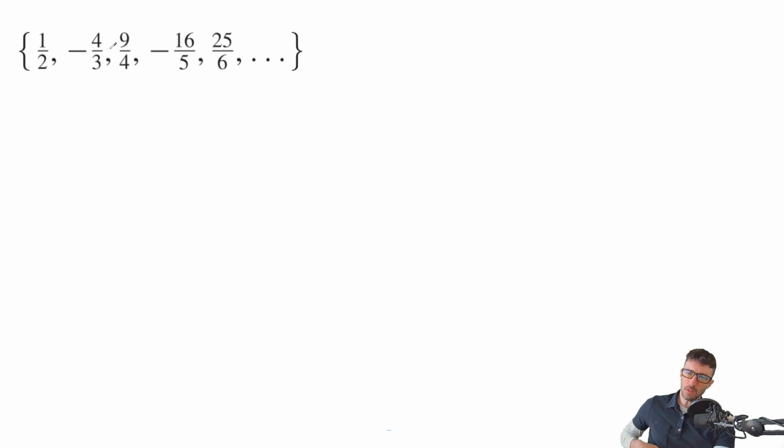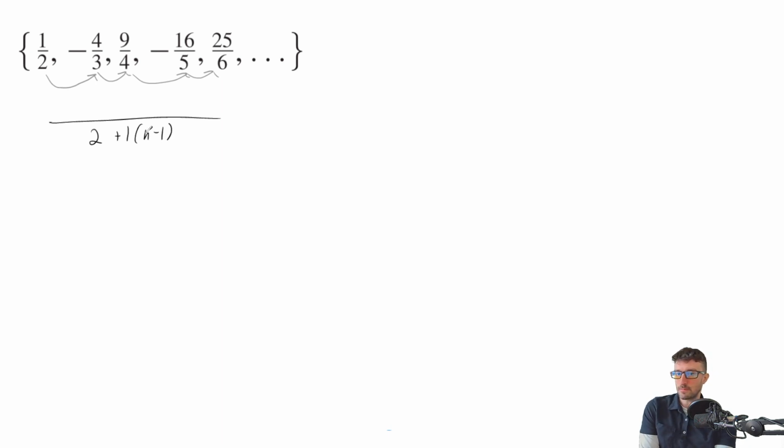Well, turns out no. And what we can do is instead take a look at what other pattern we see. Well, on the bottom, it looks like we're always going up by 1 each time. Okay. So that's an arithmetic on the bottom. So if I just wanted to give a formula for the bottom, I could easily do so. It would be 2 plus, well, how much we're going up by, which is 1 times n minus 1.